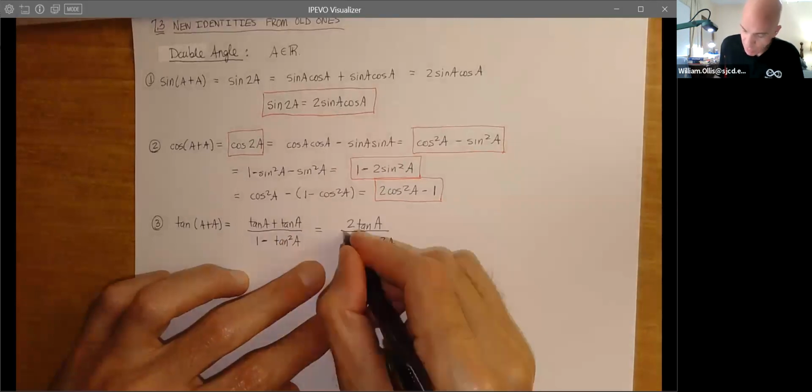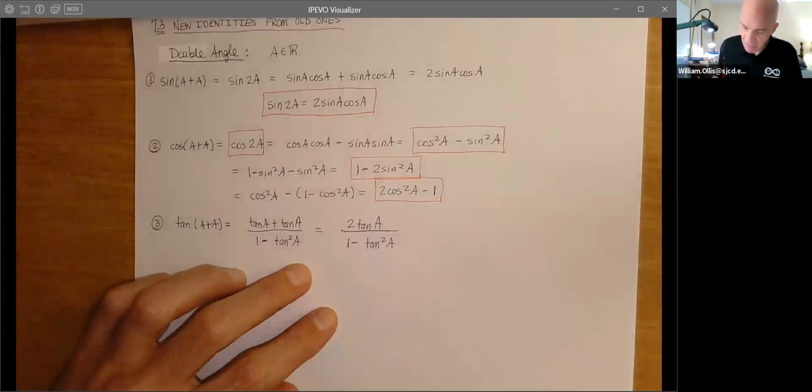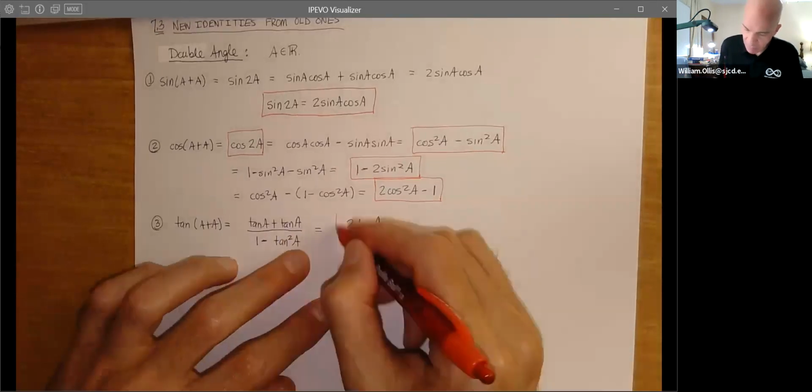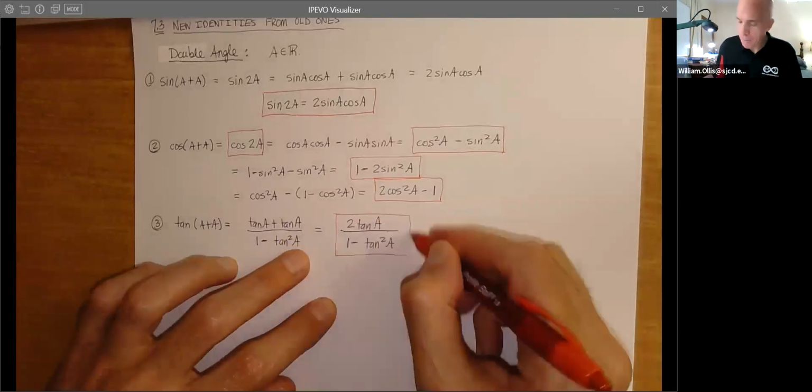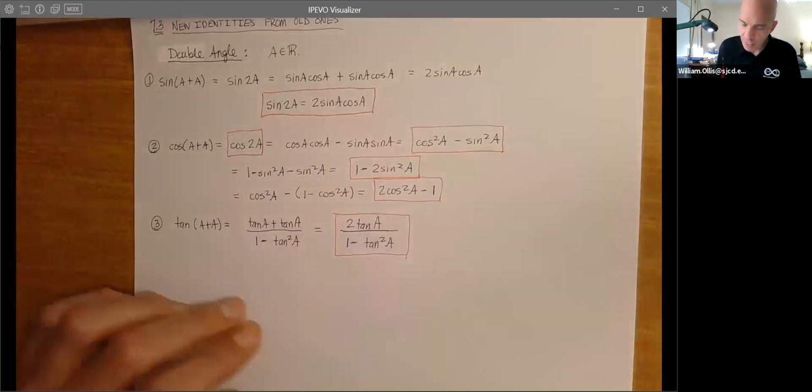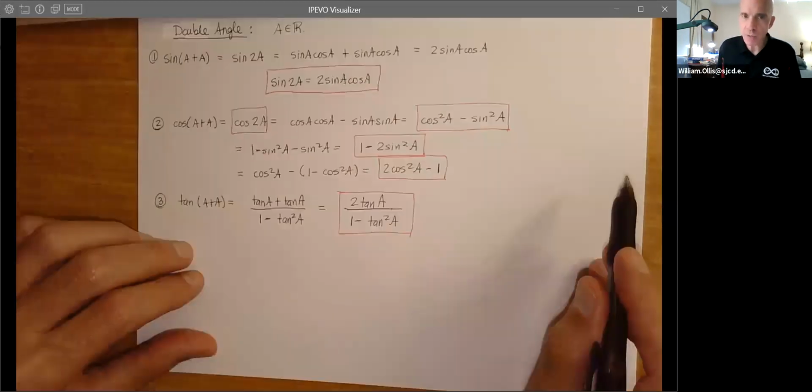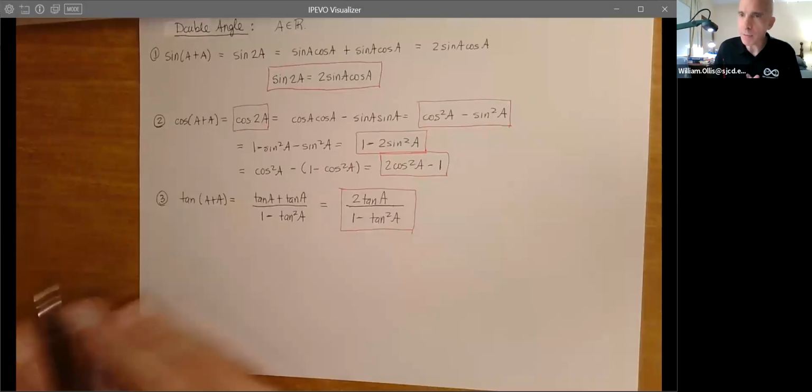Now this doesn't get as much use. Again, not that it's worthless, but we just don't use it as much. These get much more use in the calculus, but I want you to be aware of it.